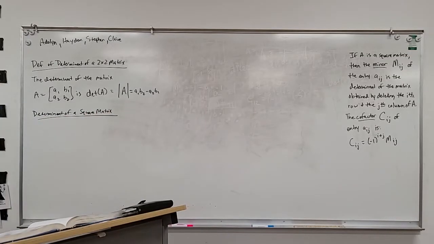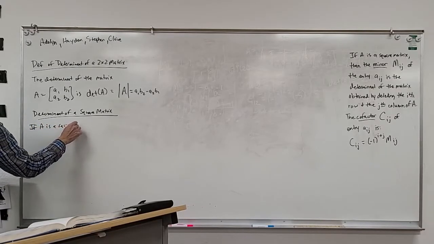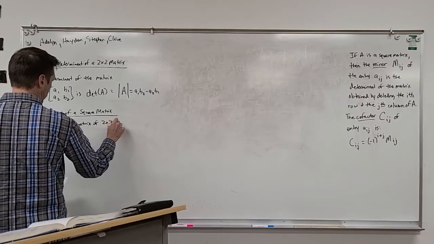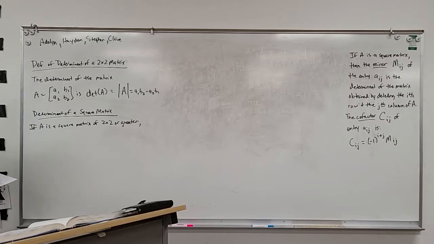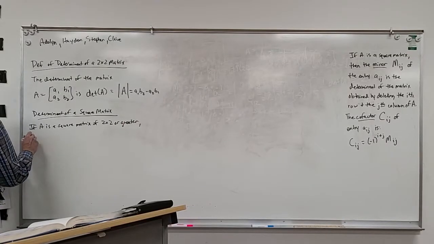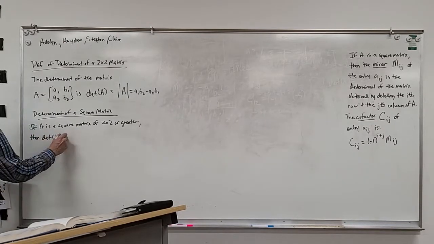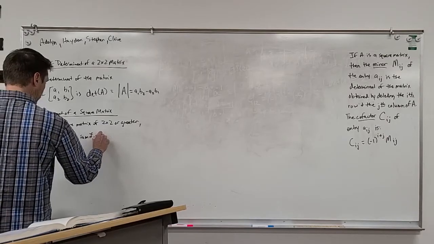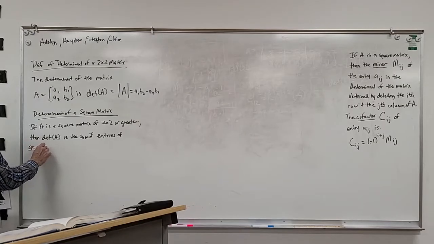If A is a square matrix of 2 by 2 or greater, so this will work on any square matrix that's bigger than a 1 by 1, then the determinant of A is the sum of entries of, this is important, of any row or column. You can even do it with columns.